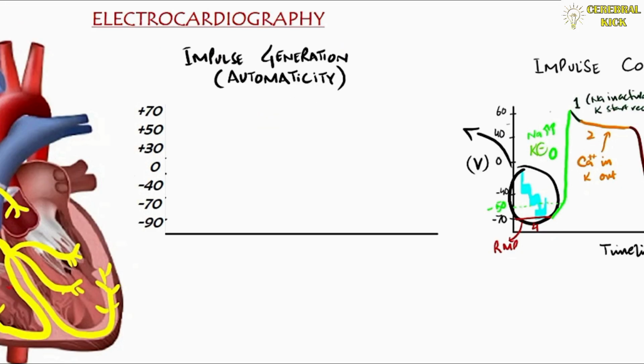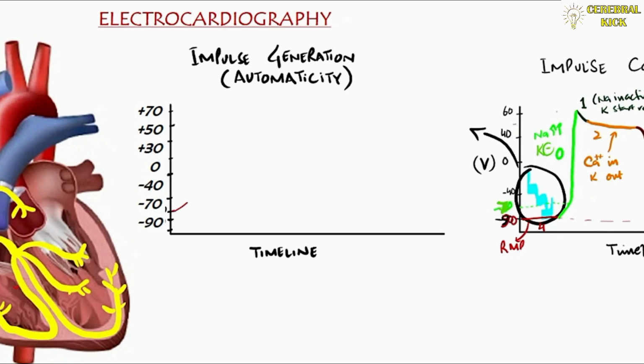Now these specialized cells generating the impulse, once they are in the resting membrane potential, there are leaky sodium channels which move sodium inside the cell, as a result of which the membrane potential continuously moves towards positive until it reaches -40 or the threshold level. This is where the calcium channels open. Once the calcium channels open, there is a spontaneous depolarization.